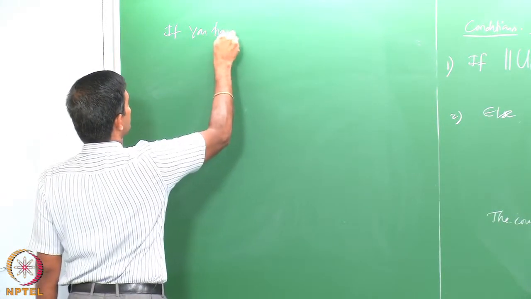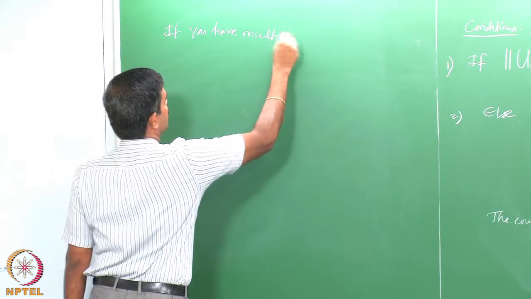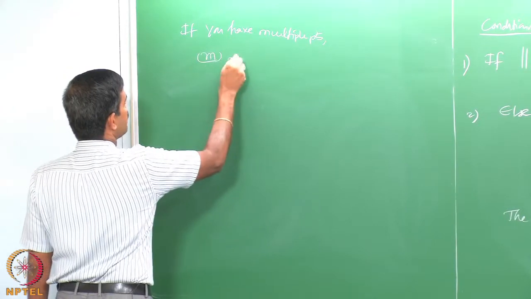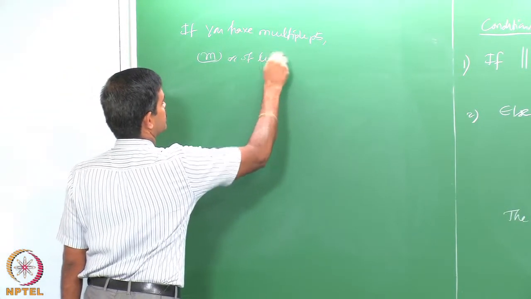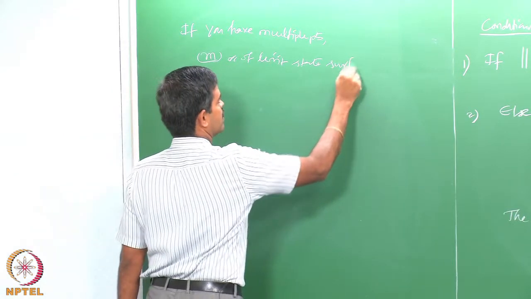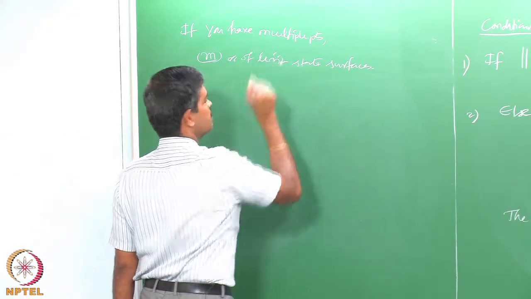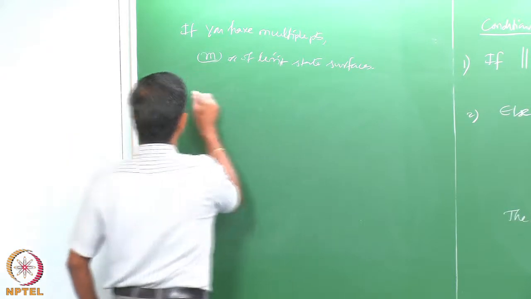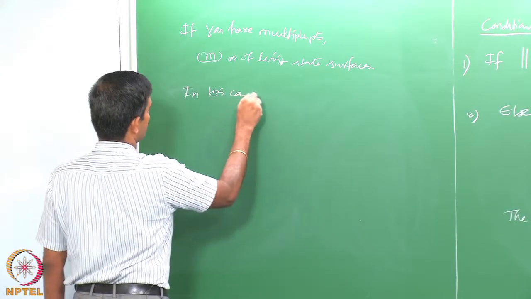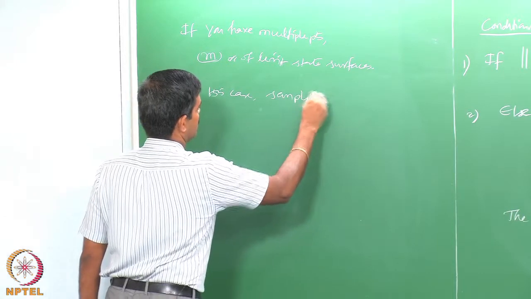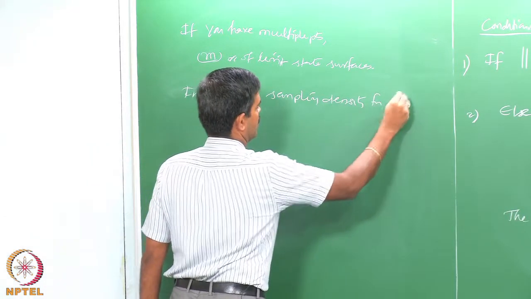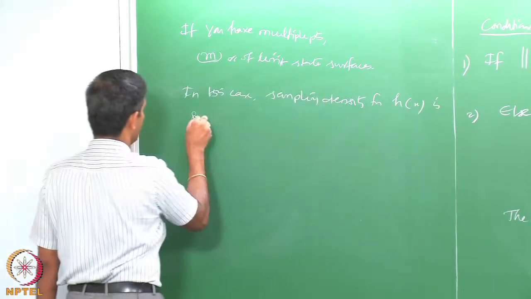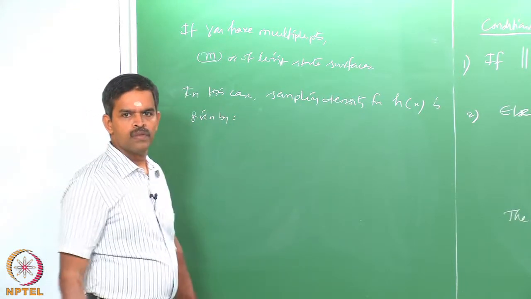In this case, if you have multiple design points, you get m number of limit state surfaces, because every failure surface is a limit state surface. So, in that case the sampling density function h of x is given by a weighted function.